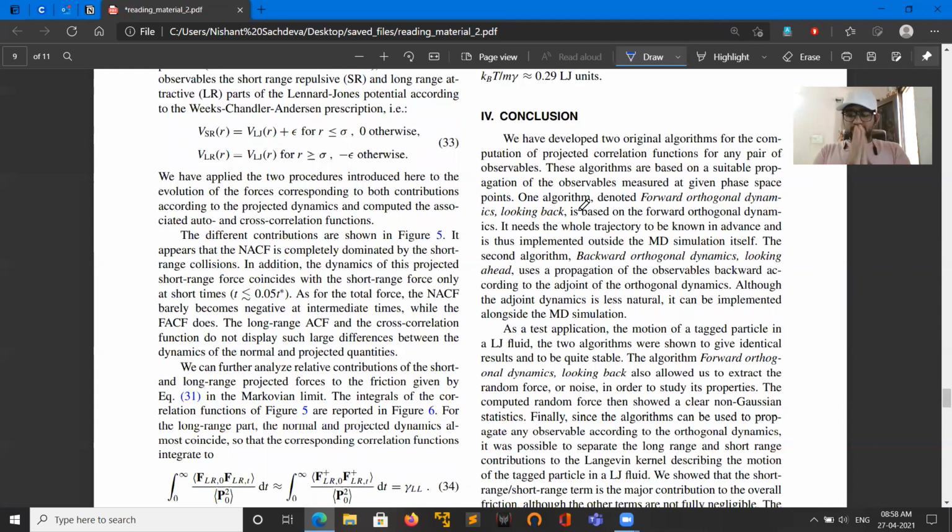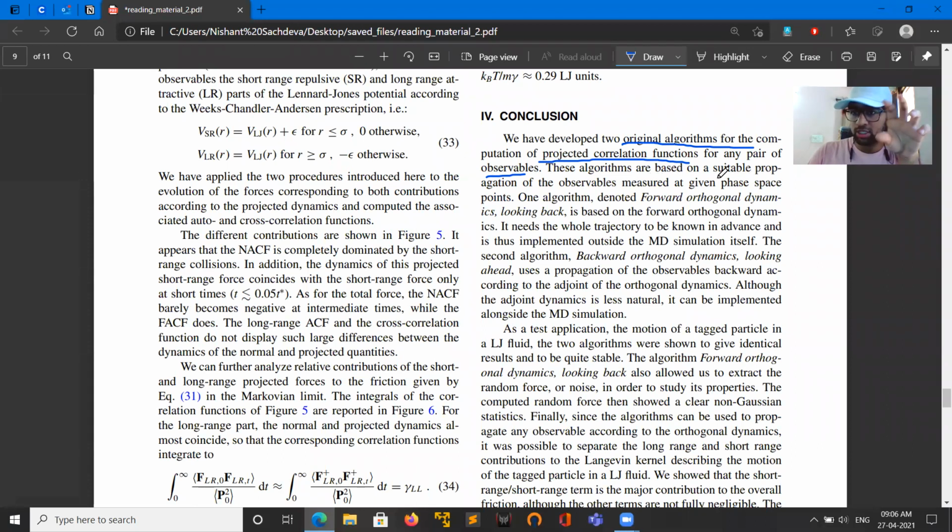So now the conclusion. So what they have done is they have developed, again, like we know this part, the two algorithms for the computation of projected correlation functions for any pair of observables. What this pair of observables are, we'll get to know. These algorithms are based on a suitable propagation of observables.